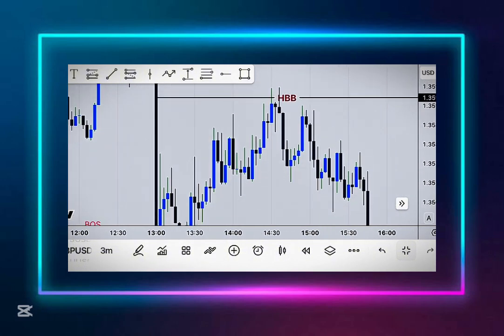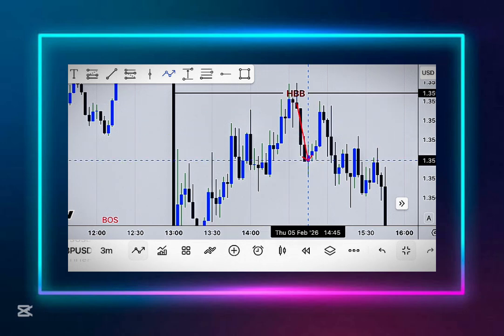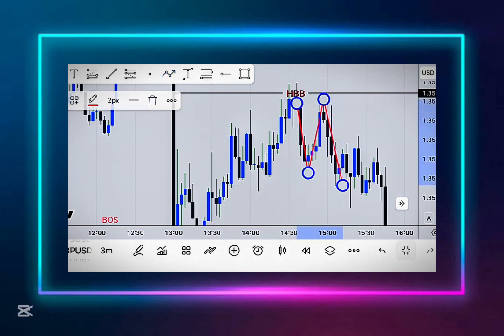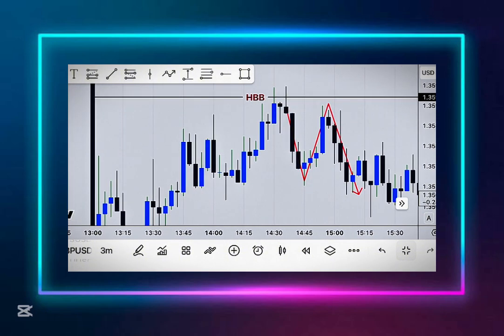There was a down move. Let me draw the shape so you can get your hands on it. This was a down move, up move, then down move. Notice that before the down move, there was a fair value gap around this range.